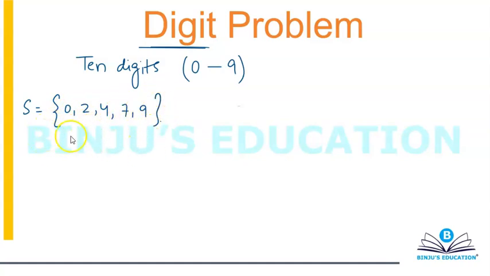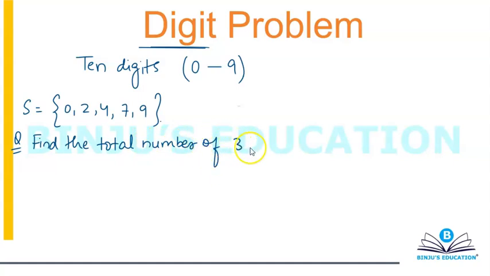So you're given a set of 5 numbers and the question is: find the total number of 3-digit numbers that can be formed using the above given 5 digits. We are taking a very easy question just so that we can understand the concept, then we'll upgrade our level.